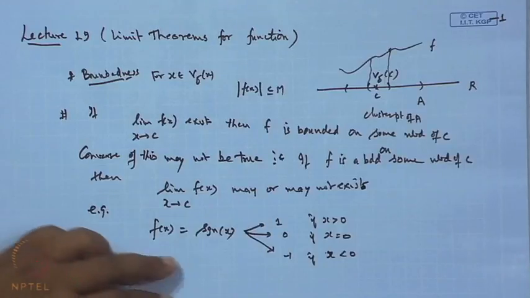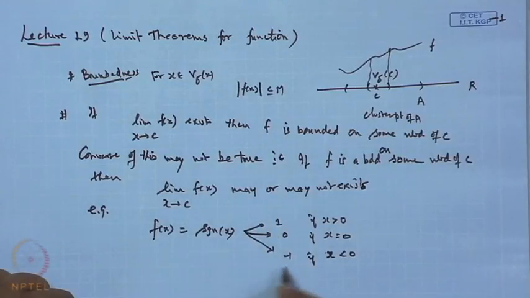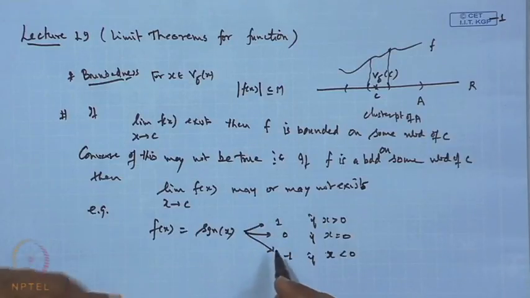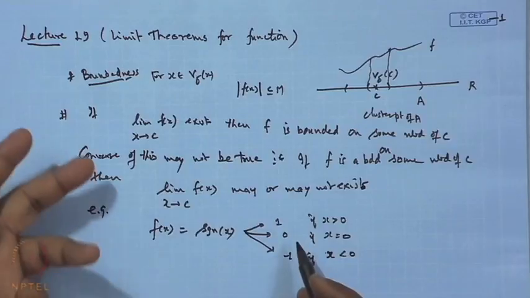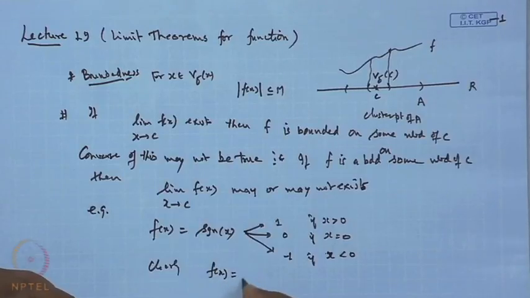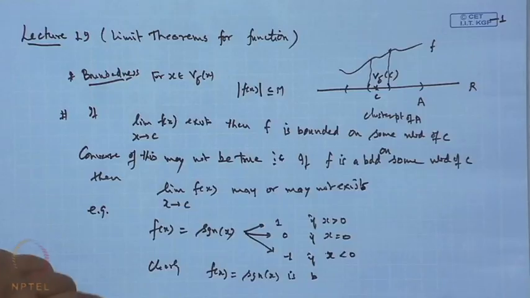Clear? We have seen that the range of this function is bounded. So, in the neighborhood of 0, it is basically a bounded set, because we can find a constant m, say 1, where all the values of the function f(x), which is signum of x, are bounded.